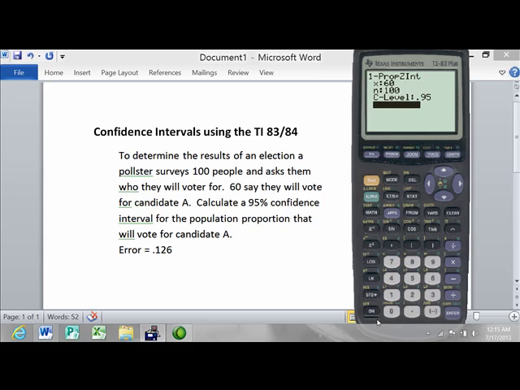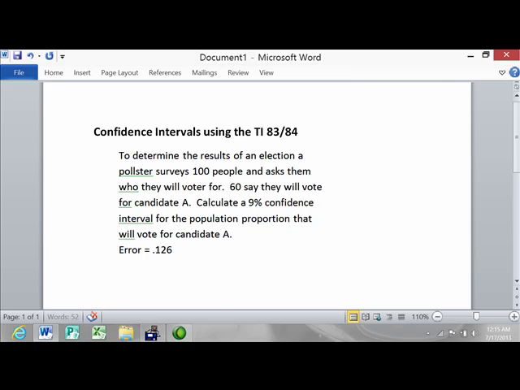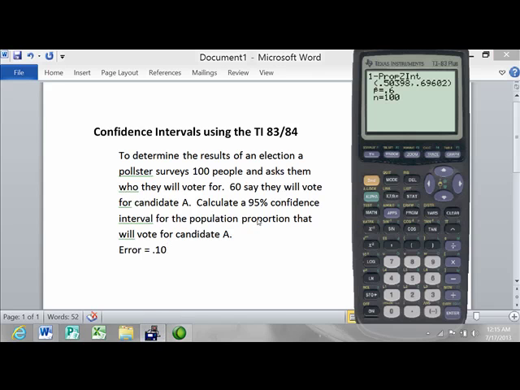You notice the confidence interval is reduced, and it's now about 50% to 70%. My error would be reduced to approximately 10%. So if you say something with less confidence, you're going to have less error in that calculation. That's how you get a confidence interval for a proportion using the calculator.